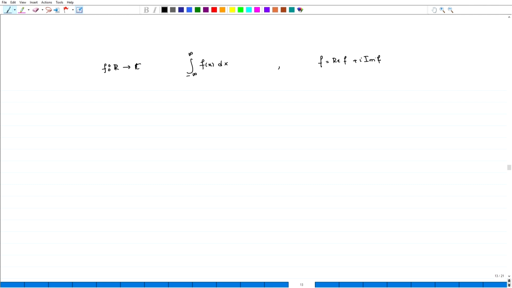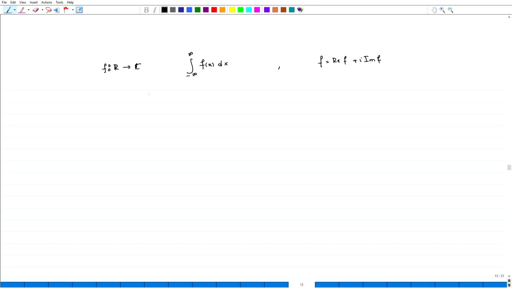If both the real and the imaginary parts are integrable in our sense, then we say that the complex valued function f is integrable. So, easily, as we have seen earlier, we can derive that the integral of a f plus b g is equal to a times the integral of f plus b times the integral of g.